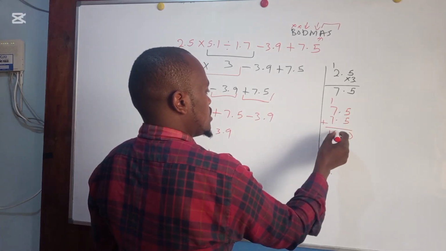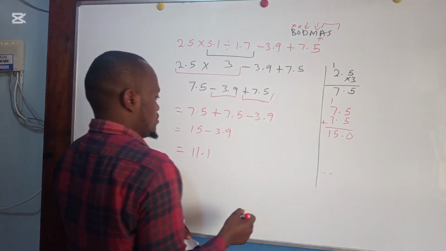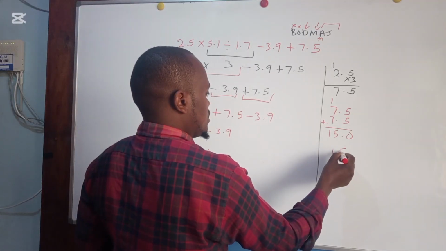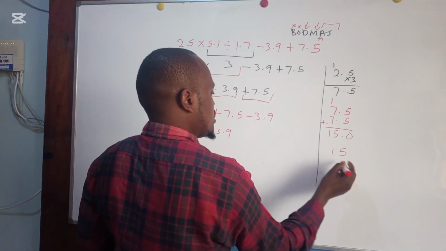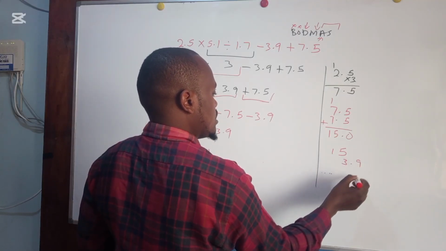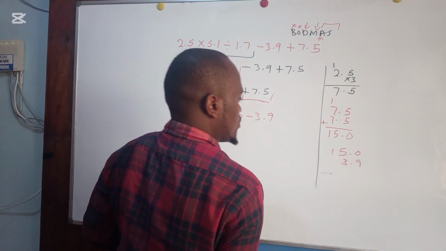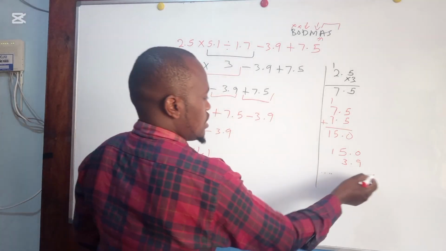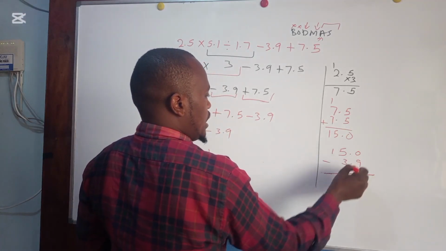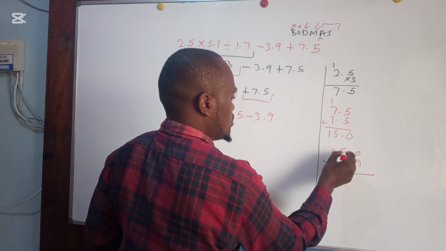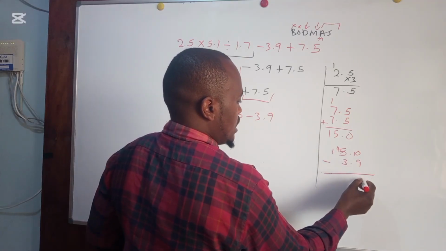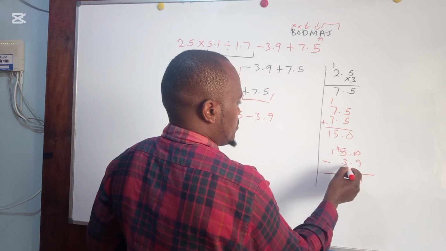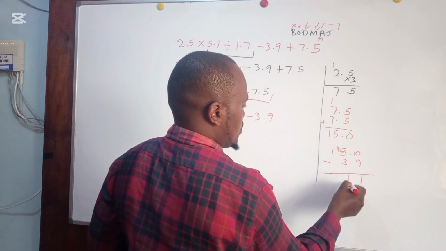What about 15 minus 3.9? You assume it is 15.0, so that you subtract. 0 minus 9, impossible. You borrow 1 here. It becomes 10. So 10 minus 9 is 1. Then 4 minus 3 is 1. And then you drop the decimal. So this is your answer.